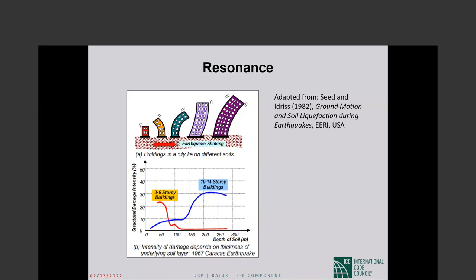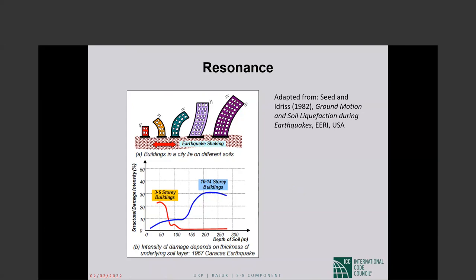For very shallow soil deposits, shallow thicknesses of soil overlying rock, the ground motion was short period ground motion. The 3 to 5 story buildings were the most excited, but for the deeper soil deposits, when we were dealing with long period ground motion, it is the taller buildings that were more excited.